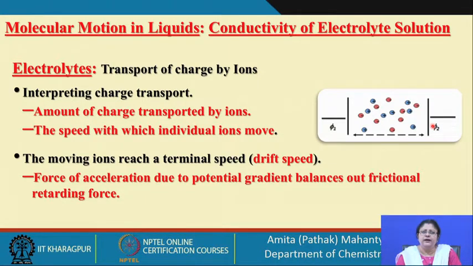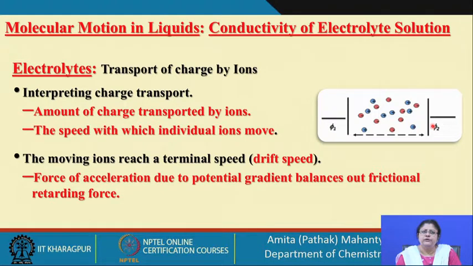The moving ion is going to reach a terminal velocity, which we call the drift speed, when the force accelerating it due to the potential gradient balances out the frictional force, which is a retarding force. So, we have two types of forces acting on it.